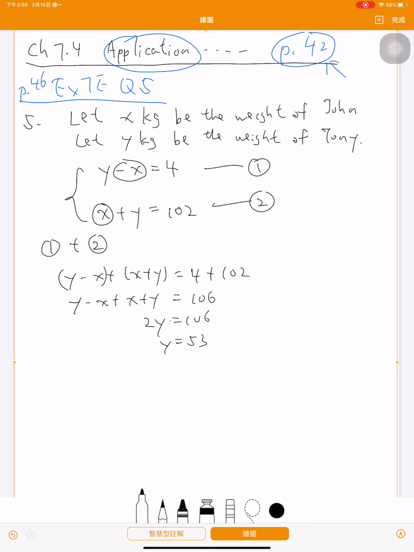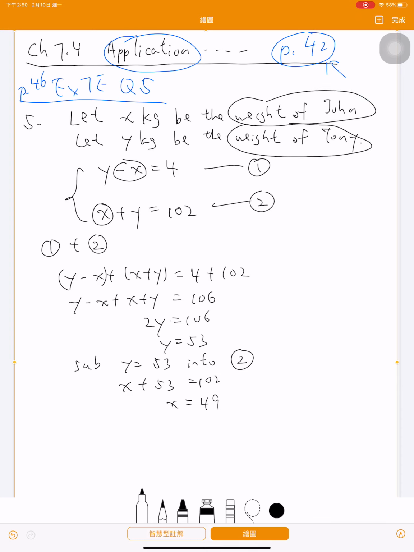Okay, and then substitute the answer into any one. For example, equation 2. So x plus 53 is 102. x is equal to 49. But don't just write down x is equal to 49, because the question is asking for the weight of John and the weight of Tony, right?